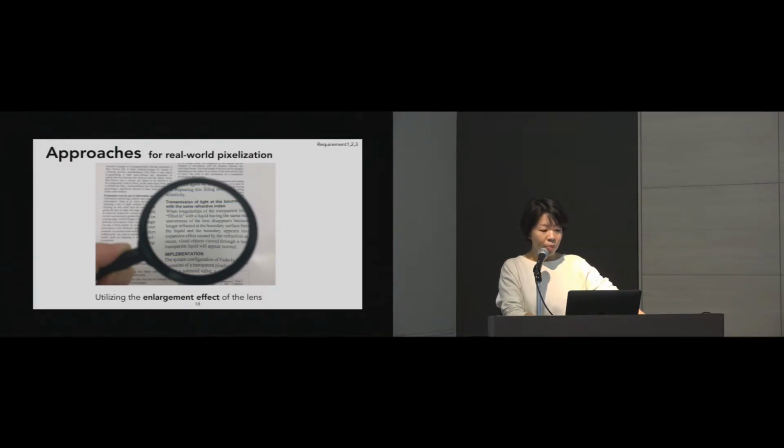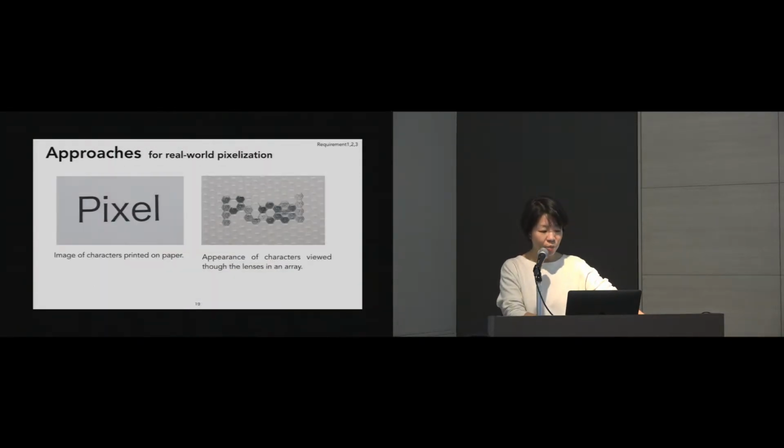In order to develop a mechanism that matches the above requirements, we focus on a design incorporating optical phenomena. First, we utilize the enlargement effect of the lens as a pixelization method. By enlarging the center of the area using a lens, we can create the effect of filling the full area with a representative value of a certain region.